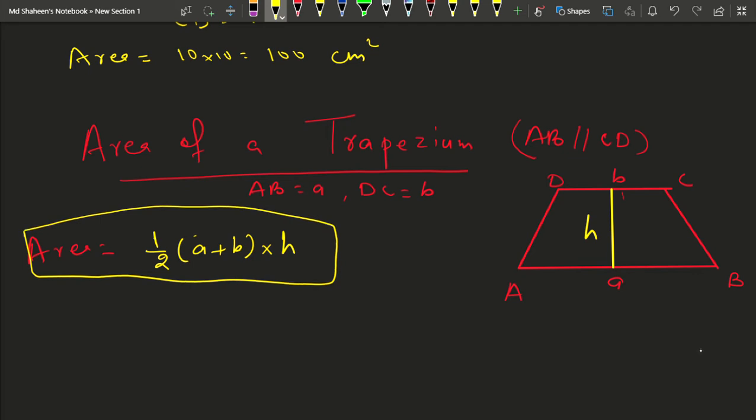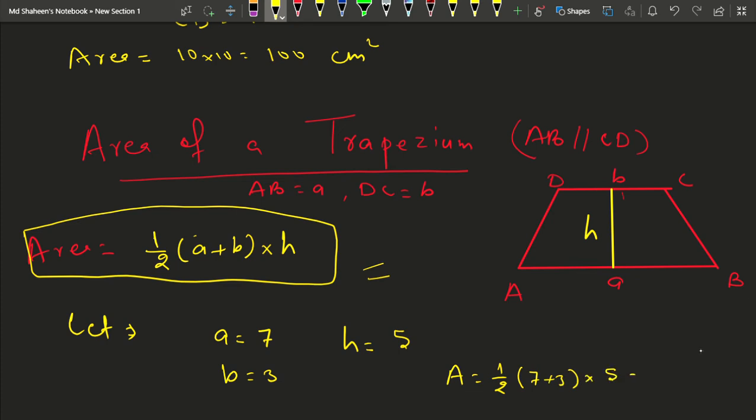Okay, so you can find the area. For example, let's assume a is 7, b is 3, and you know the perpendicular height between these two lines is 5. So the area equals half of 7 plus 3, multiplied by the distance between these two.